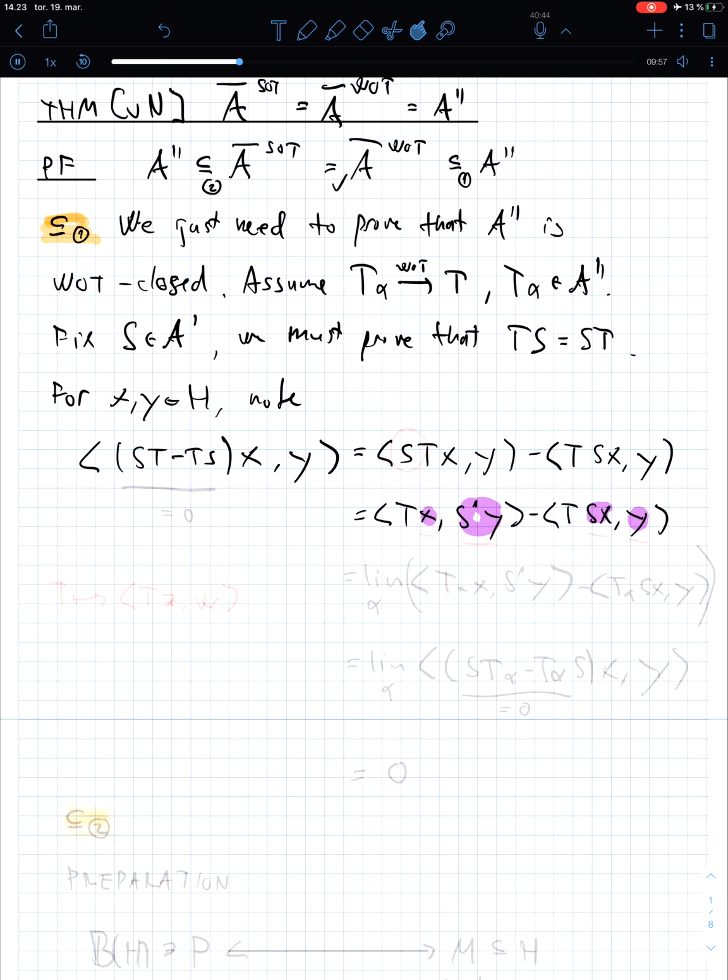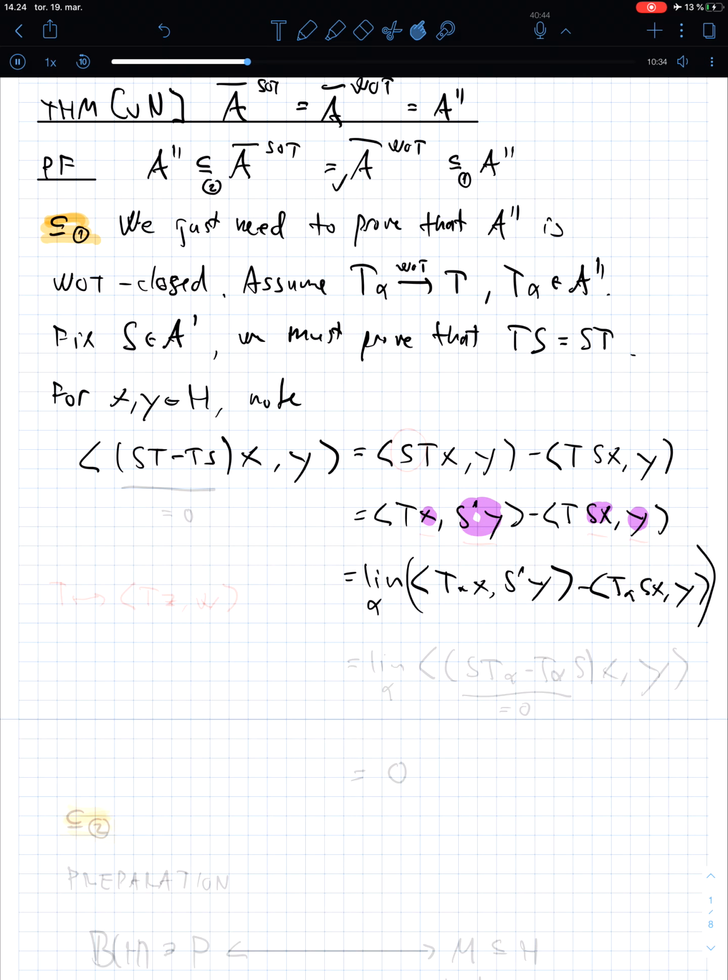But we know that since we have the weak convergence in the weak operator topology from T alpha to T, we know that all these inner products will follow suit when we let T alpha go to T. So this is just the limit over alpha of (T alpha x, S star y) minus (T alpha Sx, y), maybe put some parentheses around.